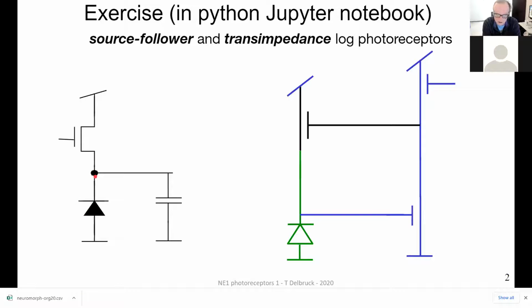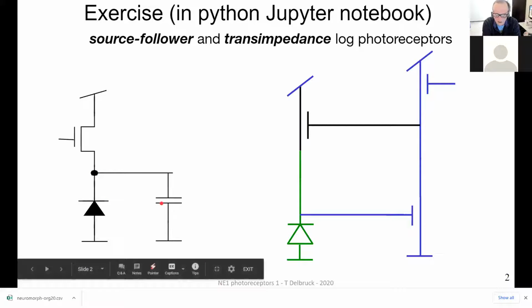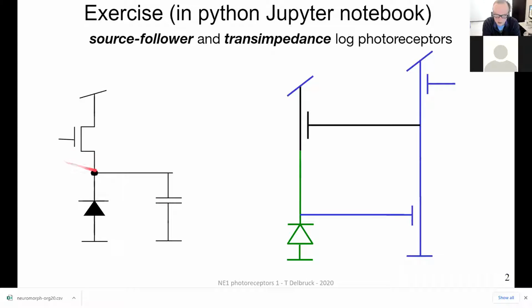That's just the source conductance of this subthreshold transistor. And remember, in subthreshold, the source conductance of a transistor is exactly the current divided by the thermal voltage. Okay, so the time constant associated with this node is C times R, or C over G, and G is the current divided by the thermal voltage.